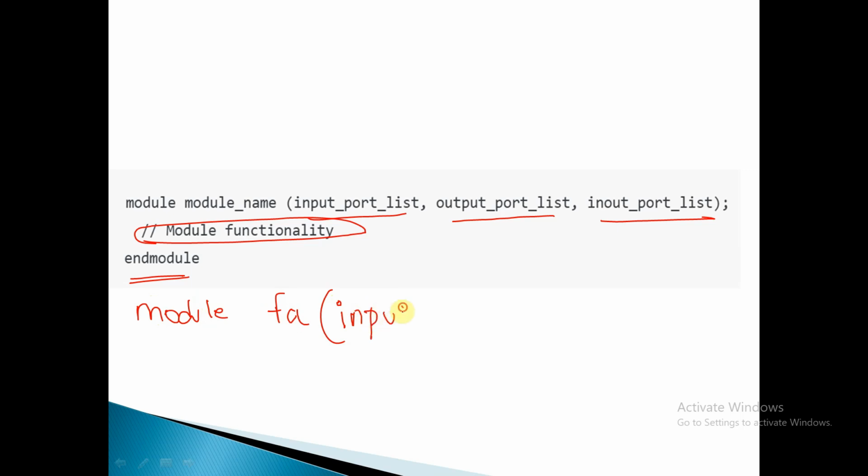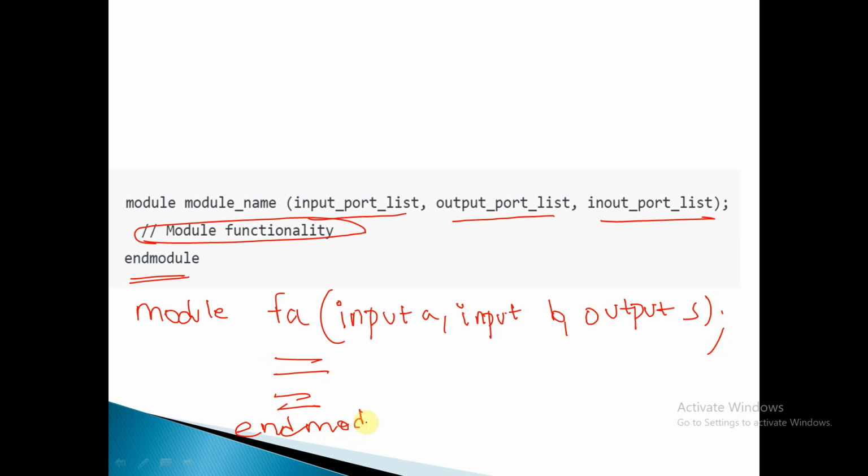Input a, comma, input b, comma, output sum, and you are going to write your code here, and you are going to use endmodule.